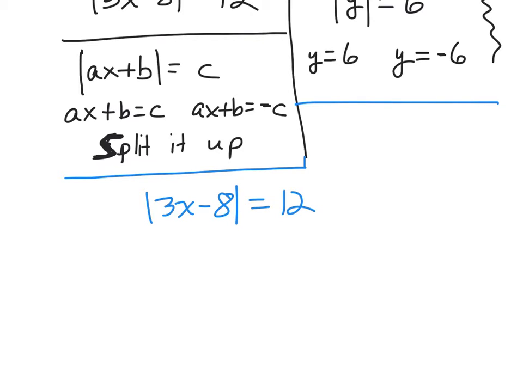That means 3x minus 8 could be equal to 12, or 3x minus 8 could be equal to negative 12. Haley, does that make sense to you, what I'm doing there? Yeah. Okay. And I'll solve both of those and I'll have two different solutions for my equation.